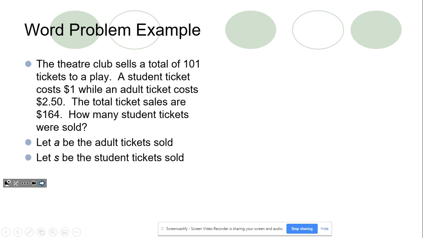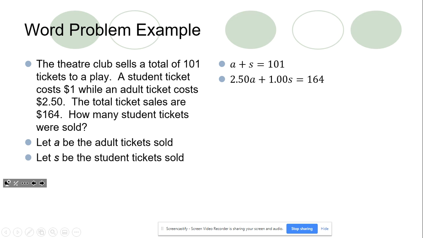Total would mean to add. That's where I get A plus S equal to 101. The total ticket sales were $164. A student ticket costs $1 and an adult ticket costs $2.50. So $2.50 times A plus $1 times S gives me the $164.